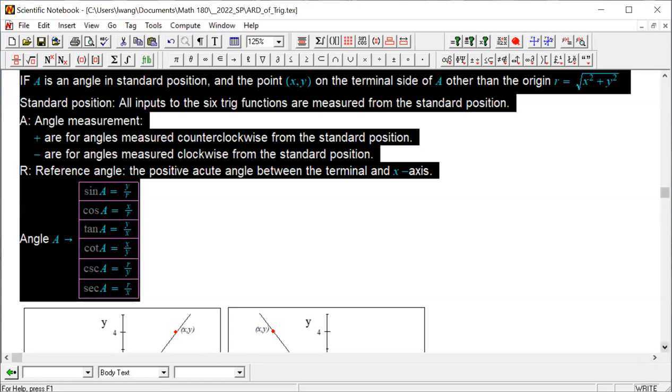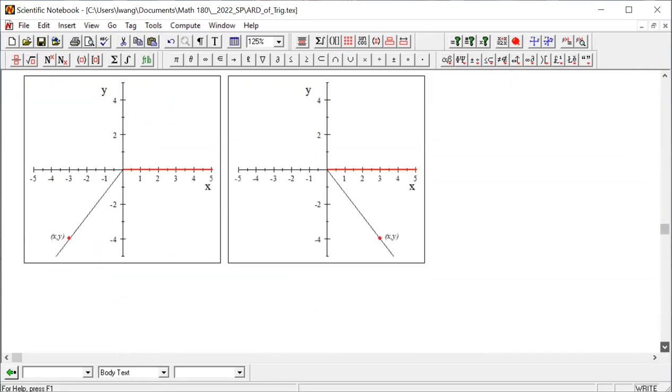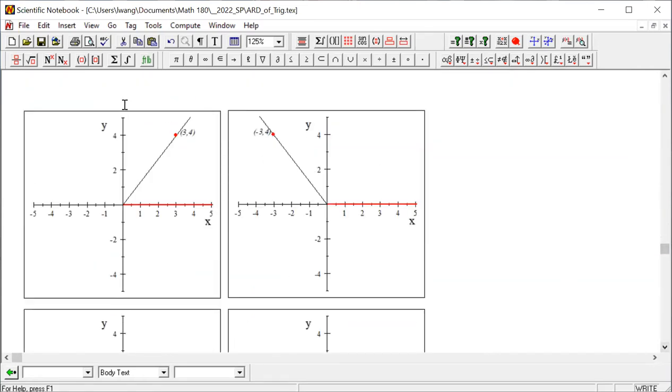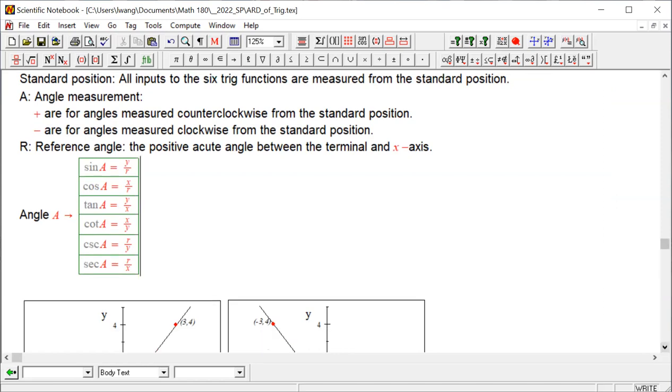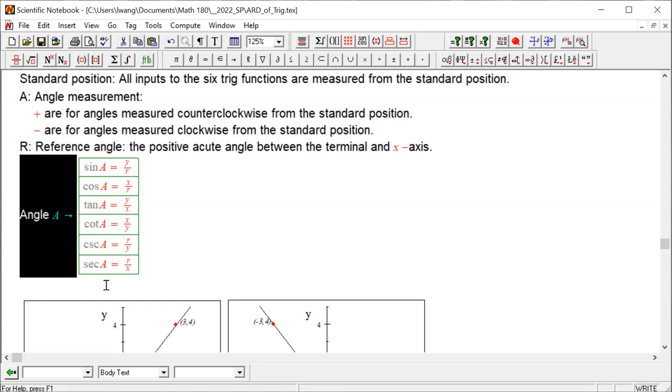We're going to look at the example right here. I prepared 4 examples. I'm going to do one function at a time, so the first function we're going to do is sine.